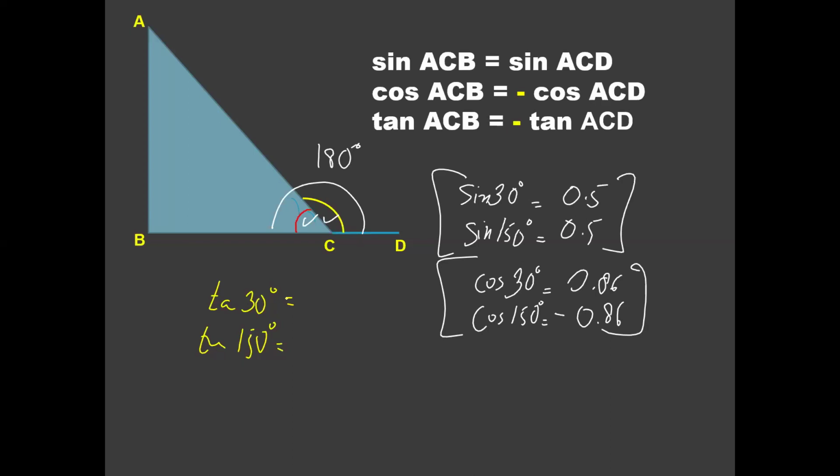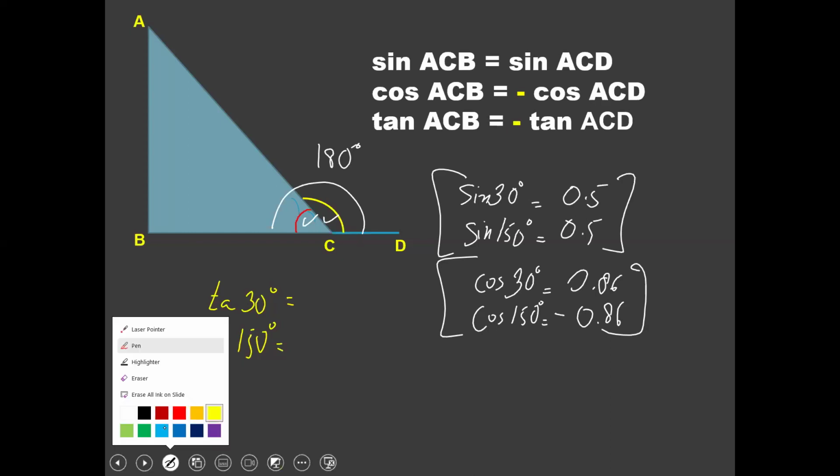And tan 150 is minus 0.577. Okay, the value is the same, but the sign is negative. Okay, good. So the property is decided.